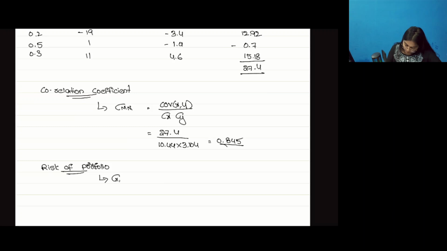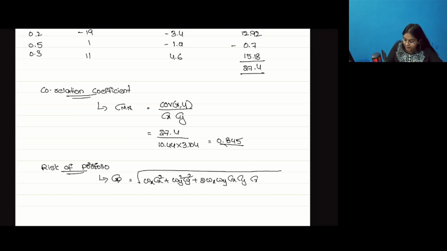Sigma p equals square root of wx square sigma x square plus wy square sigma y square plus 2 wx wy sigma x sigma y correlation xy.